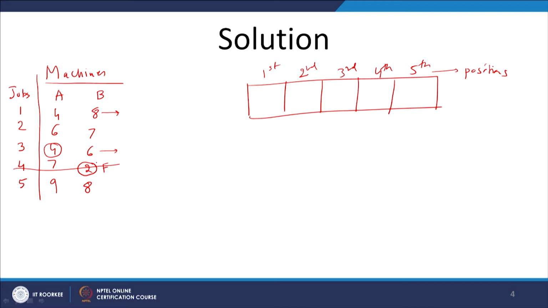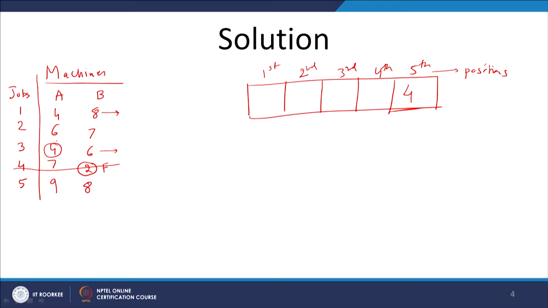And by the way, once we have got this 2 over here, this means that the fourth job should be placed at the last position. This is according to Johnson's rule. Remember, if 2 was in the A column, we would have put it at the first place, but since this 2 is on the B machine, it has to be put at the end.